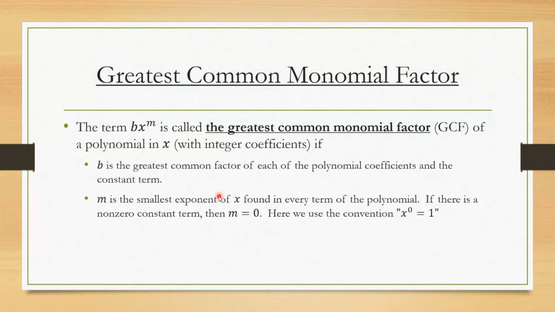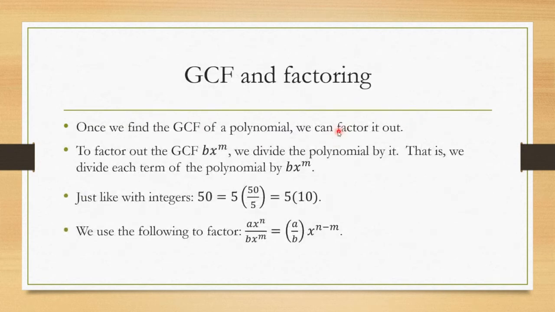Really, though, if there's a non-zero constant term, you don't have a variable in the GCF. In other words, it's just a number. That's what the GCF is, and really the factoring technique is, once you find it, you factor it out.